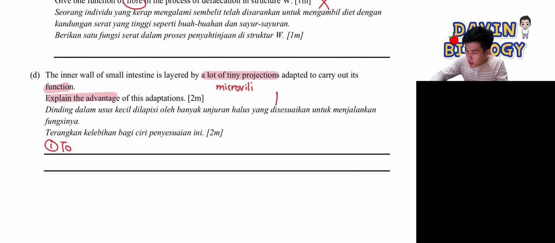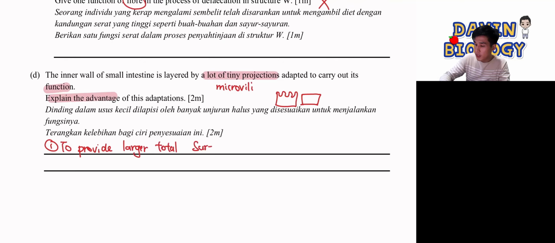If your surface is like this compared to like this, what advantage does it have? Just like the mitochondria, it provides a larger total surface area, or increases the total surface area. And what is it for? More surface to absorb nutrients, so you allow nutrients to come in easily and be absorbed efficiently.